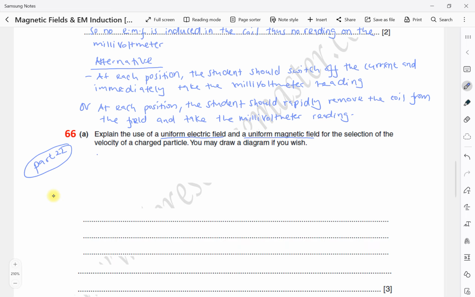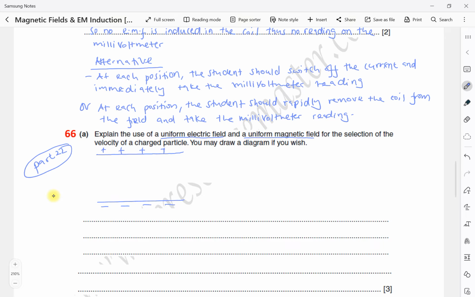For example, I must show a uniform electric field, which means I have to draw parallel metal plates. So let's just assume these are the plates. I could say the upper plate is positive, the bottom plate is negatively charged.